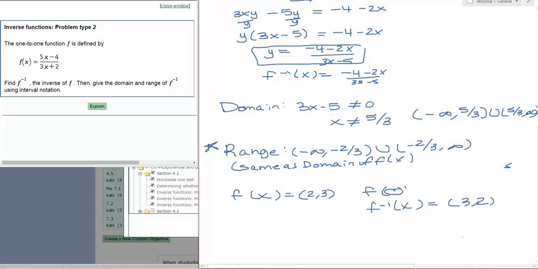Well, the domain and range also get switched around. So you have your domain of f of x and your range. When you do your inverse, the domain is equal to the range, and the range is equal to your original domain. So the domain and range actually switch around as well, just like your ordered pairs would.